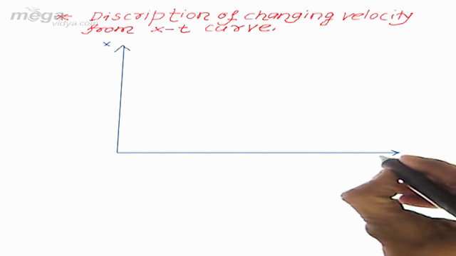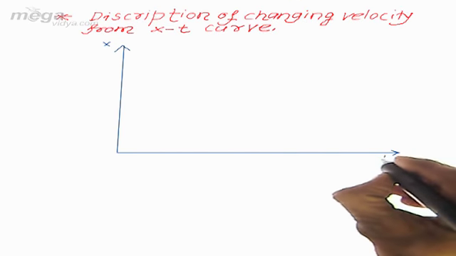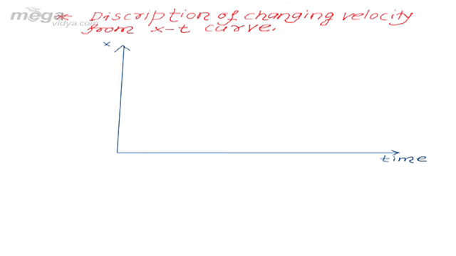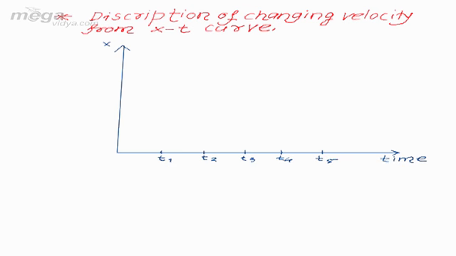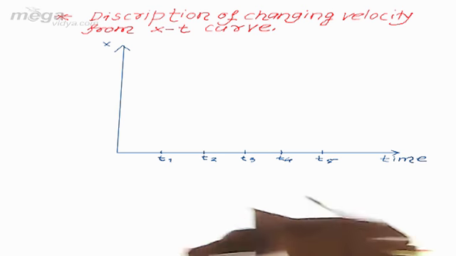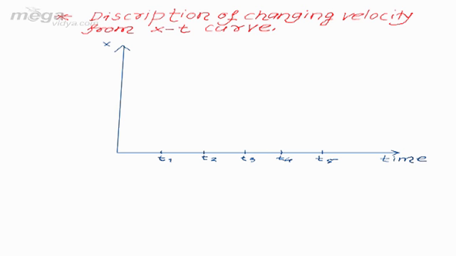Here on this axis we are taking time. We will not talk about positive and negative time because time never returns back. It always moves in the forward direction.